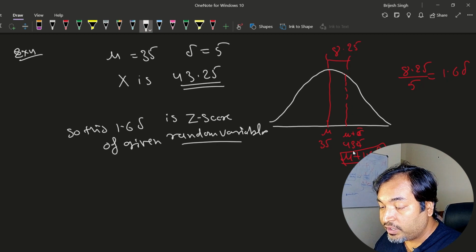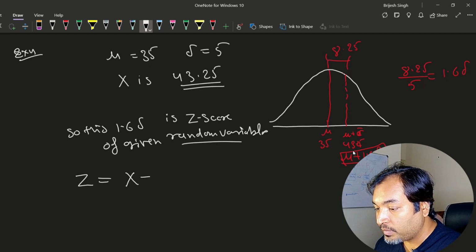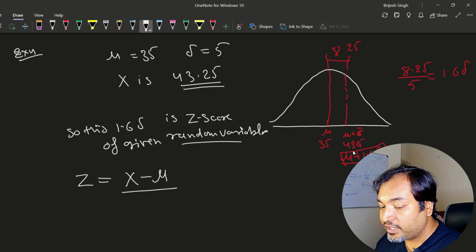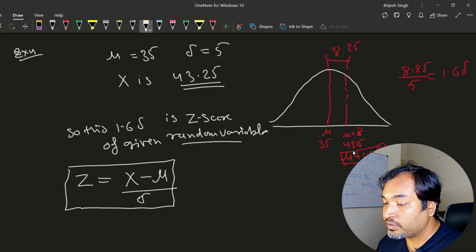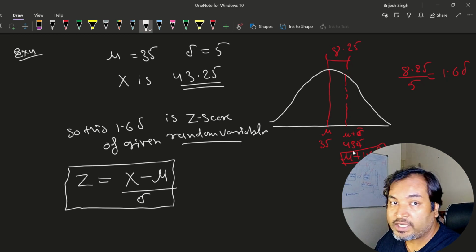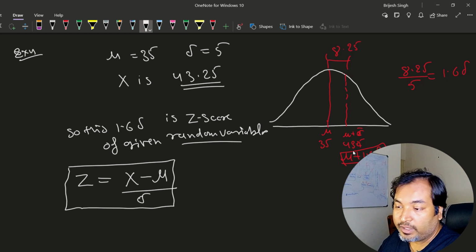Also you can denote this as Z equal to x minus mu, where x is the value of the random variable, minus mu, divided by sigma. So you will get the Z score from this equation. Similarly, we have done the same: we identified the difference, which was 8.25, and then divided by sigma. So we get the Z score of this random variable.